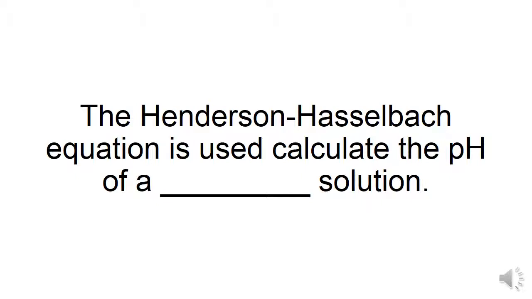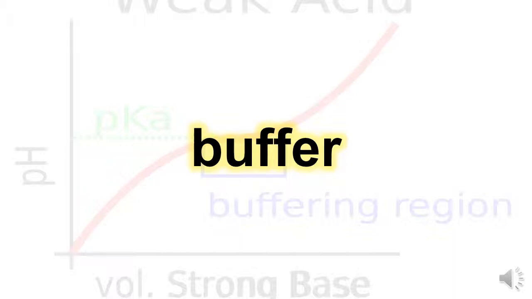The Henderson-Hasselbalch equation is used to calculate the pH of a blank solution. So the Henderson-Hasselbalch equation is used to calculate the pH of what type of solution? That would be a buffer solution.